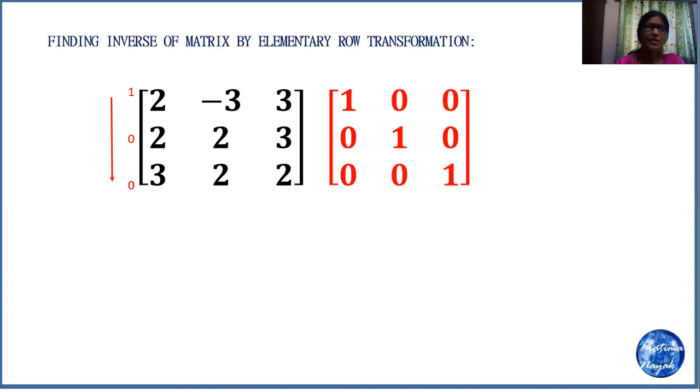After changing this 3, you will go horizontally to the middle. That means you will go for 2 and make it 0. After that, again you go upward: the middle one will be converted to 1 and the upper one will be 0.